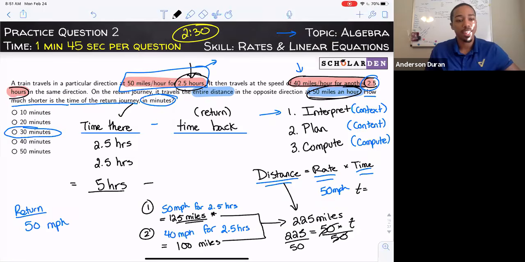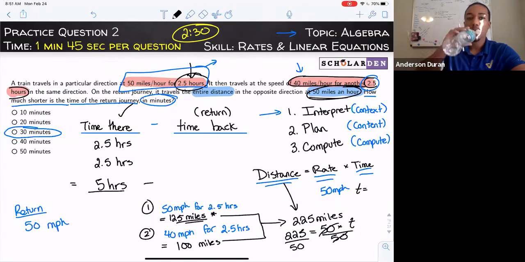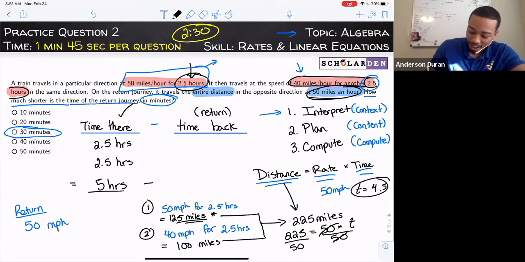What do we get if we divide, guys? T equals what? Go ahead, help me out. Yep, divide, and we get t equals 4.5. Perfect. Thanks, Abdul. So that's 4.5 hours.